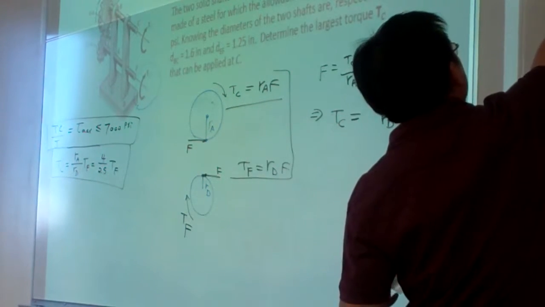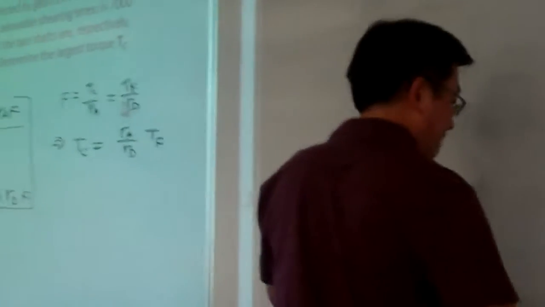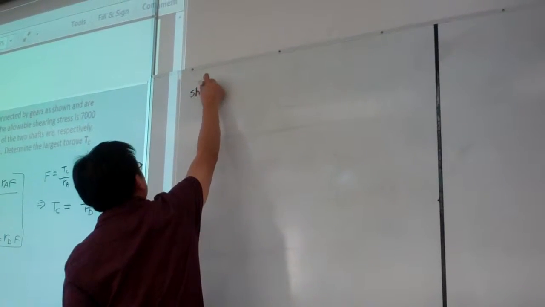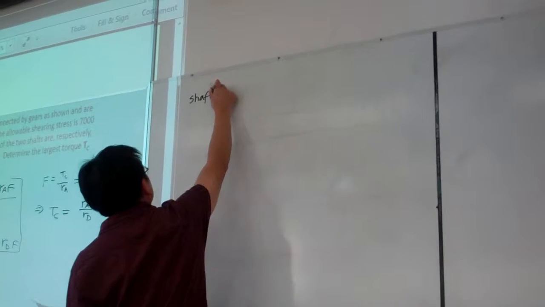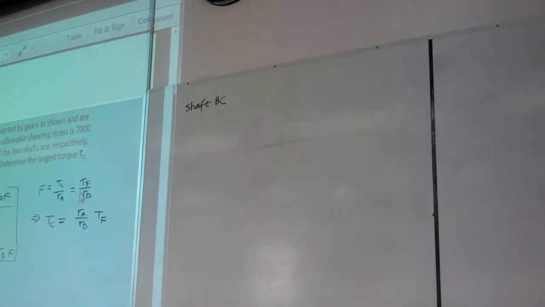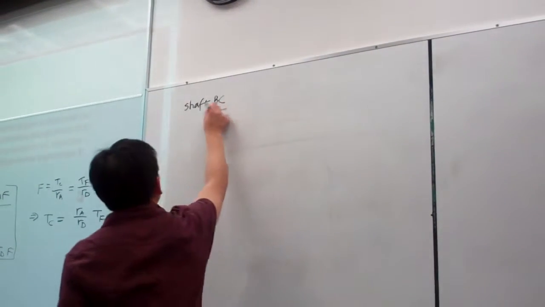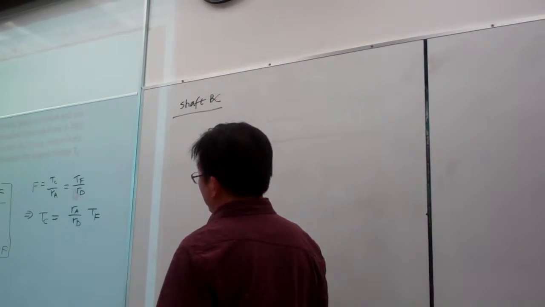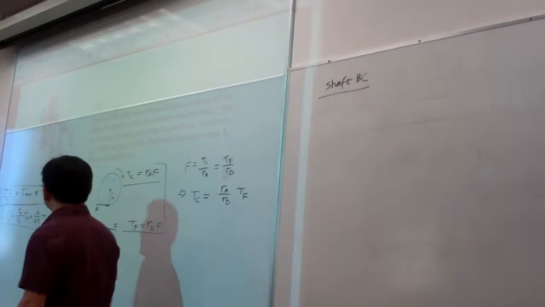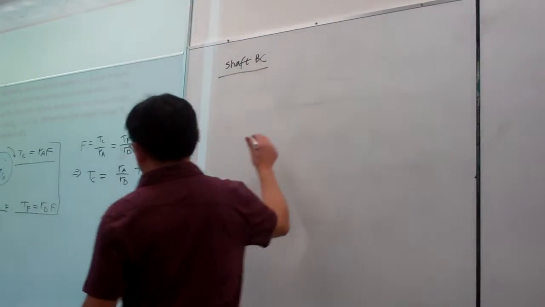So in shaft BC, the upper shaft, for the shaft BC, we check the design criteria, the maximum stress less than or equal to 7,000.